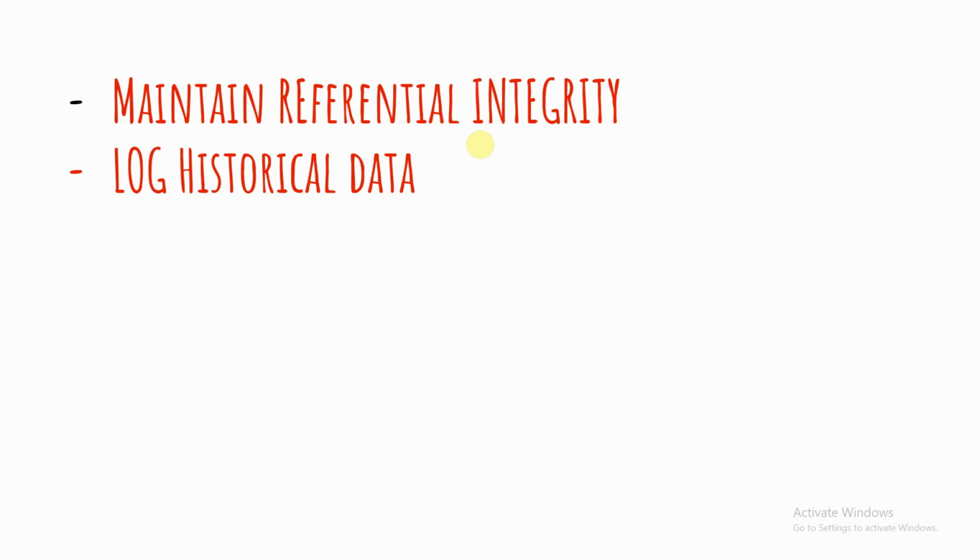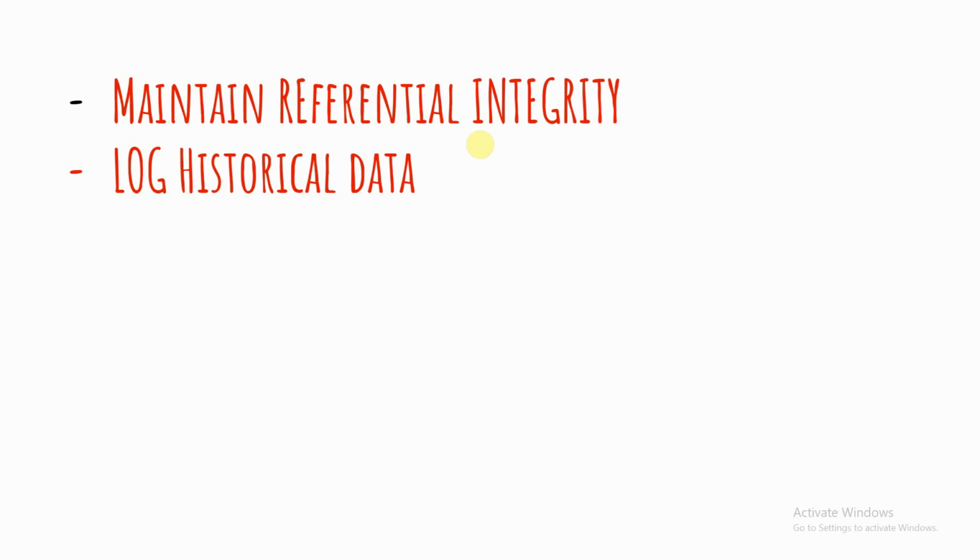So a before delete trigger will be used in that case, and you just store that this record will be deleted from this file, and you maintain a record of the data which is deleted from a particular file in your history file. So now you are maintaining the log of why that record was deleted, or some other additional things that you can store. This basically depends upon you.